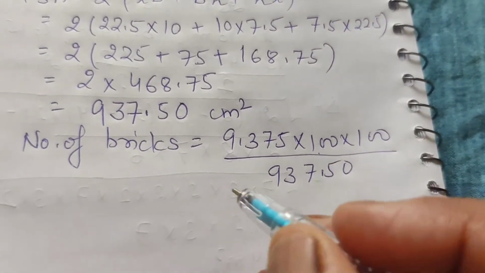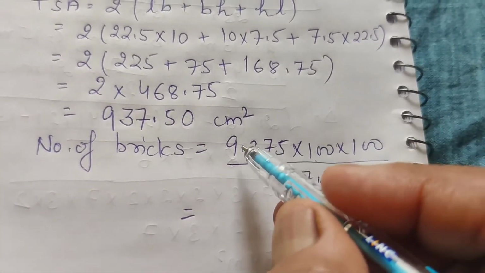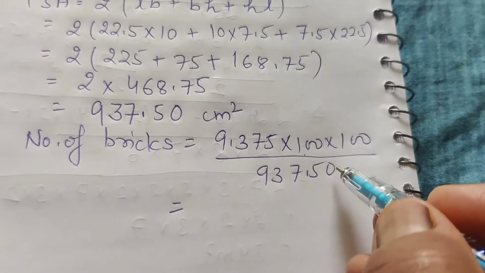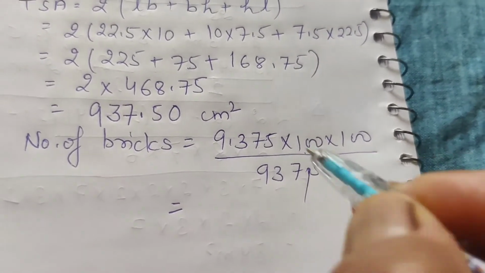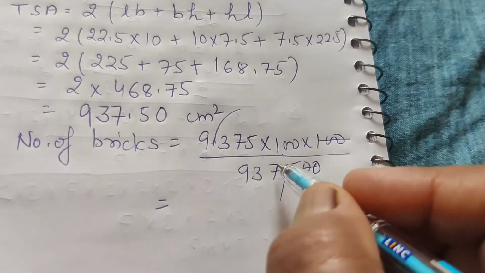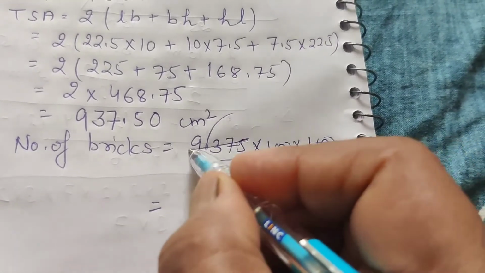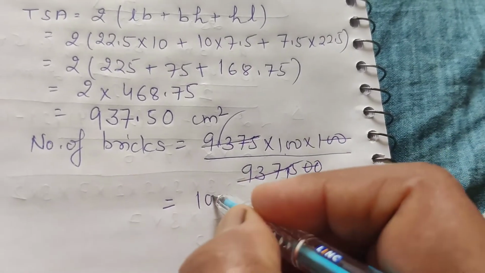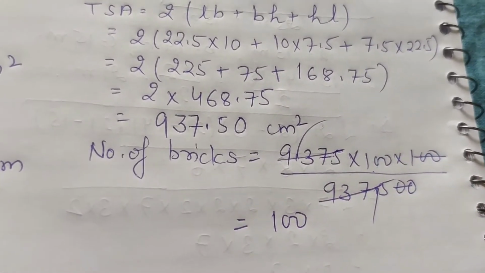Now solve this. After the decimal there are 3 places. Cancel this, 9375 cancel. The number of bricks equals 100.